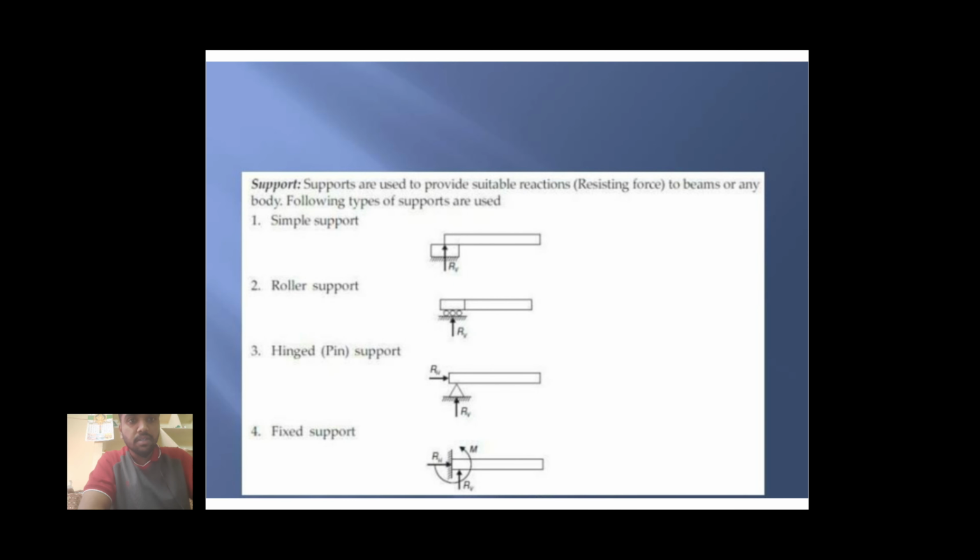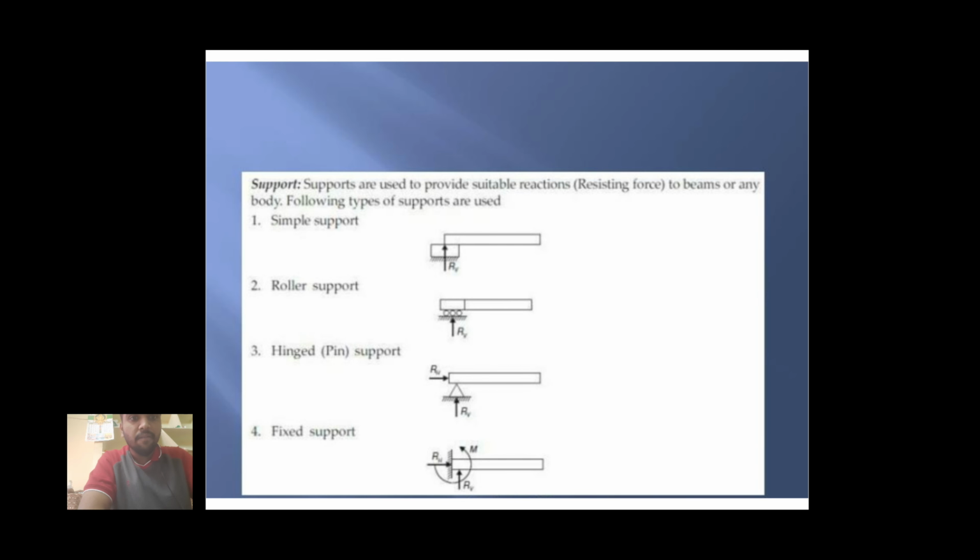Supports are used to provide suitable reaction resisting force to a beam or any body. Following types of supports are used: simple support, roller support. When we see simple support, the beam rests on the support at the edge, where half of the part is outside and the rest of the part is over the support.